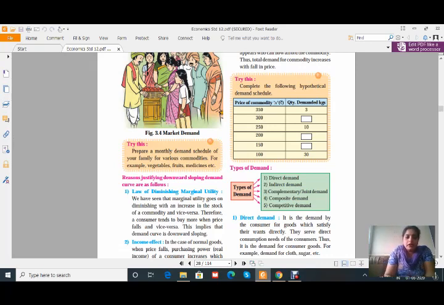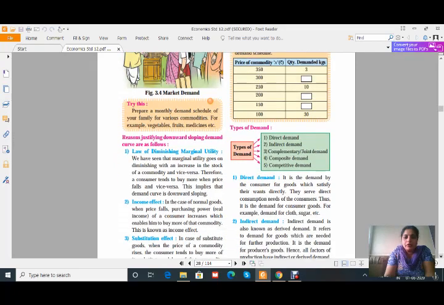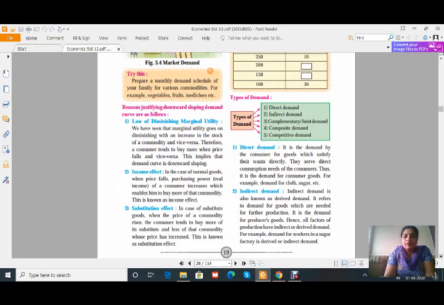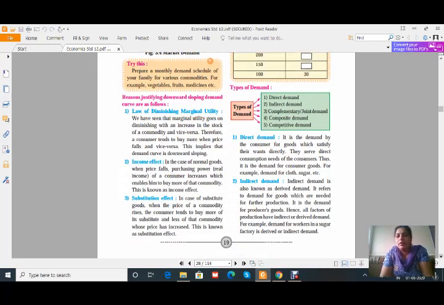Okay, the second one is the income effect. In the case of normal goods, when the price falls, purchasing power, that is real income, increases. What is meant by purchasing power or real income? If a consumer is having 100 rupees and wants to purchase a few commodities with it, at the price of rupees 50 he can purchase only two units of that commodity.